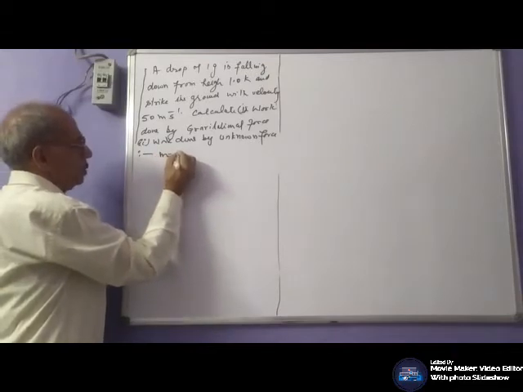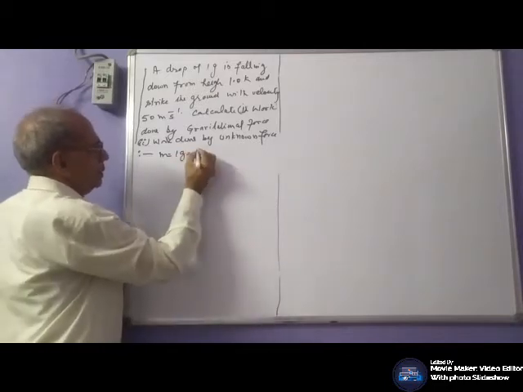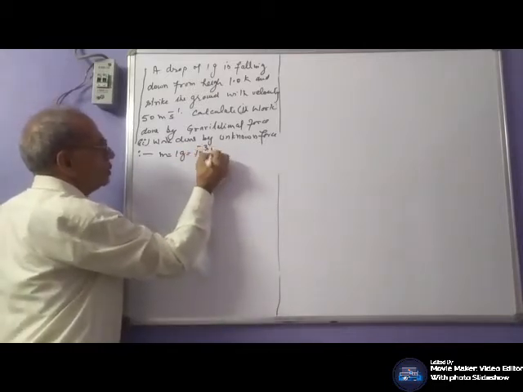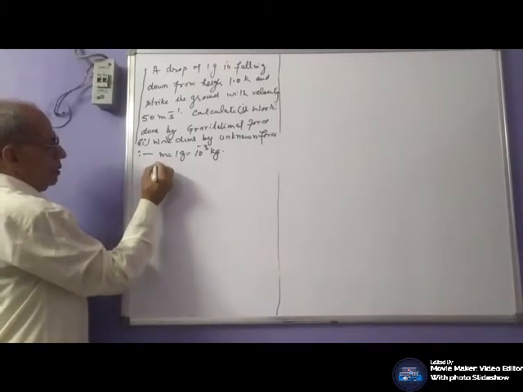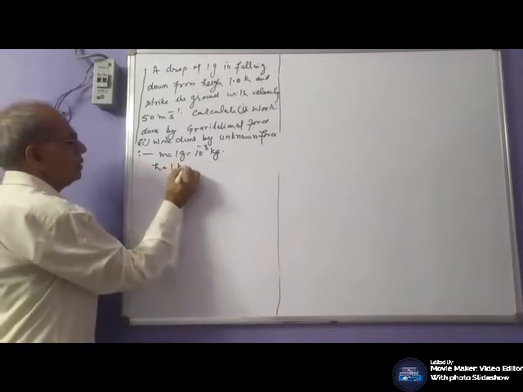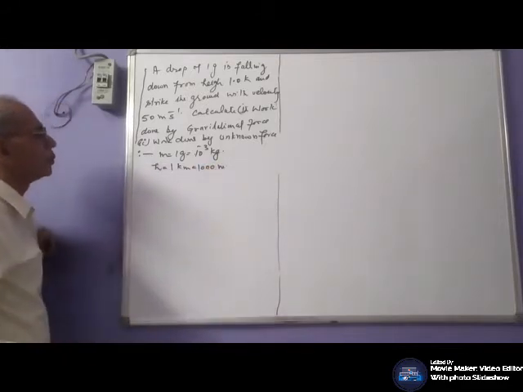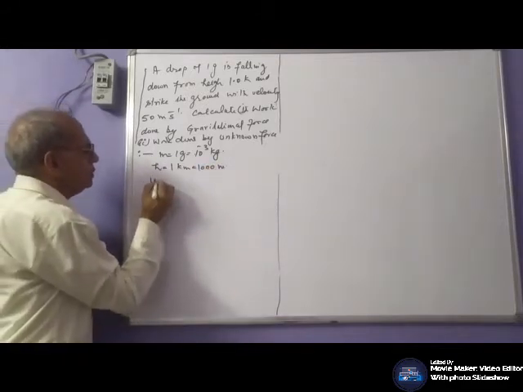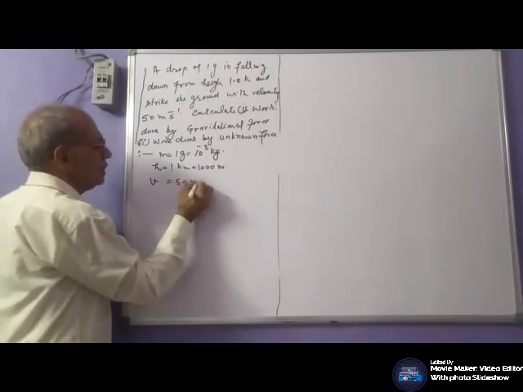Mass of drop 1 gram, 10 raised to power minus 3 kilogram. Height 1 kilometer, 1000 meter. Velocity with which it hit the ground is 50 meter per second.